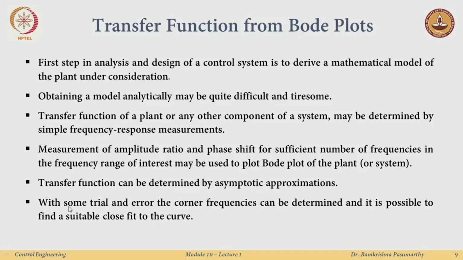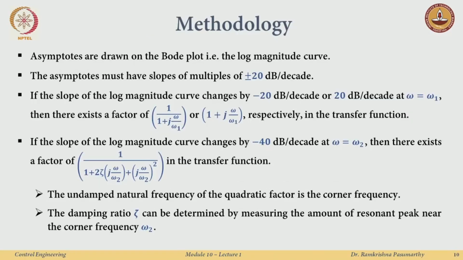And of course, I can just keep on adjusting the corner frequencies until I get as close to the real model as possible. And we also know how to uniquely determine the errors associated with the corner frequencies for each of the cases. I have a 0, a pole, complex conjugate poles and zeros and so on.